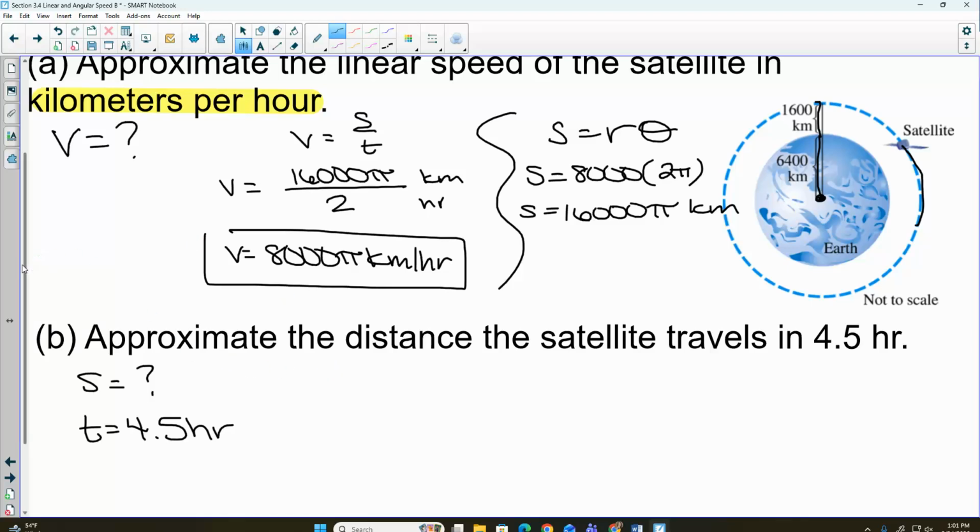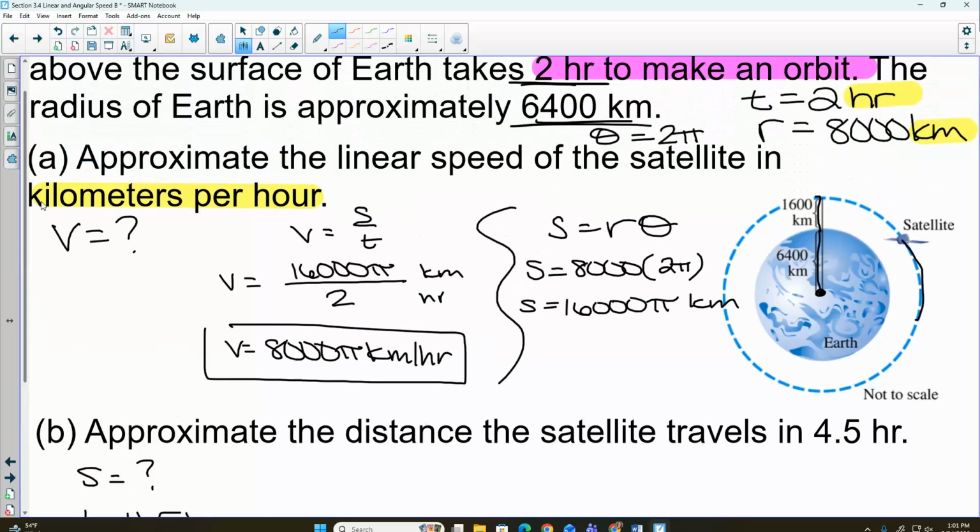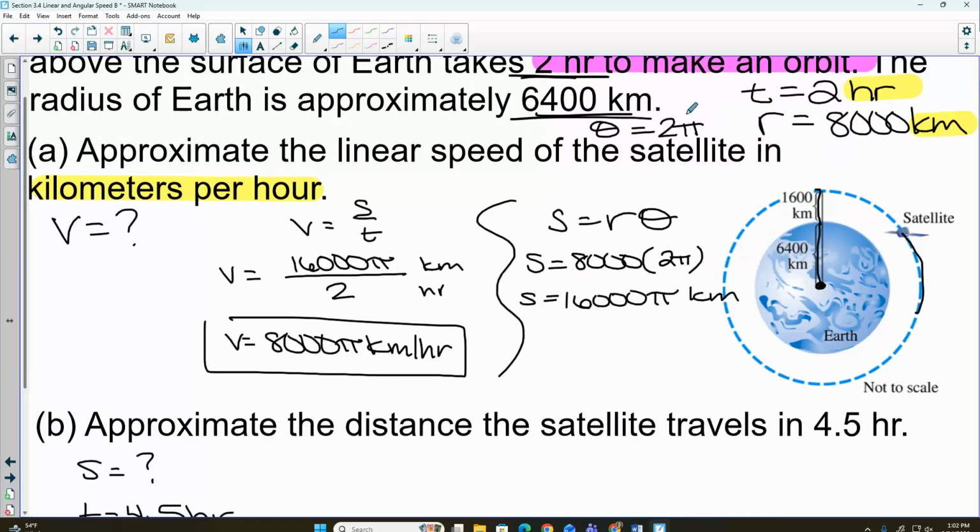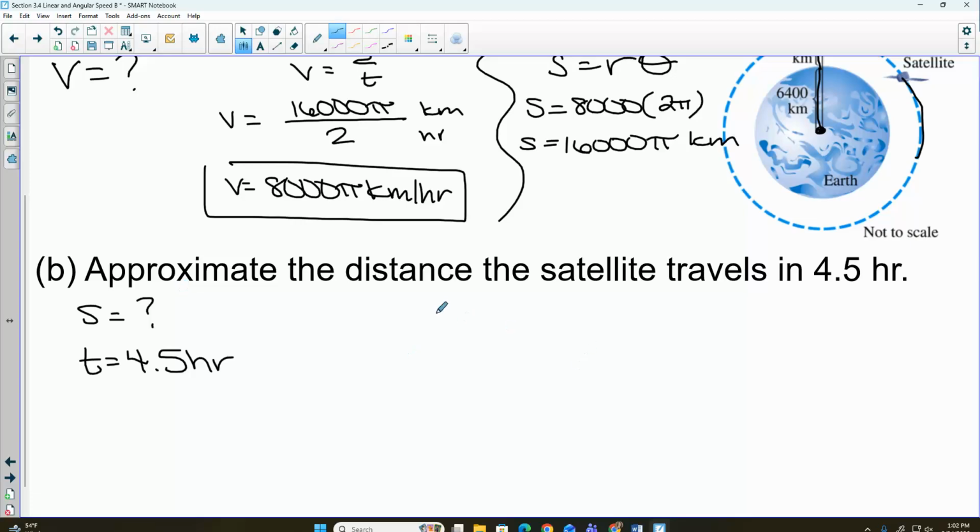I can do s equals r theta, but the problem is this theta was only when it was spinning for 2 hours, right? So that wouldn't really be the situation here. What other formula involves s? v equals s over t. Do we know the speed?